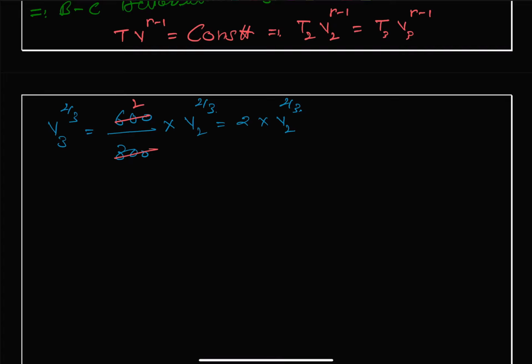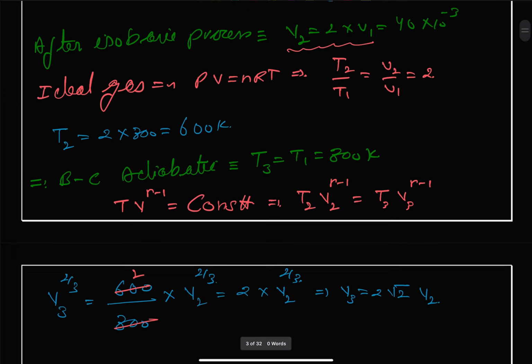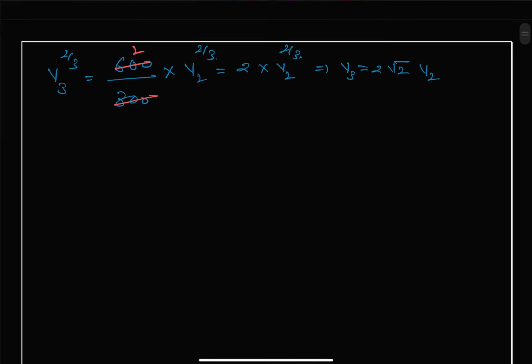Okay. And from here we can see that our V3 will be equal to 2 root 2 times V2, and V2 we already know is 40 into 10 to the power minus 3, so we get that V3 will be equal to 2 root 2 into 40, which is 80 root 2 liters.